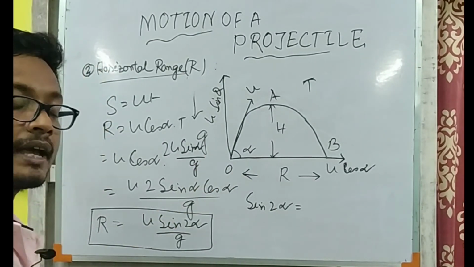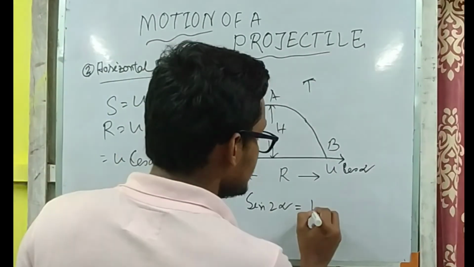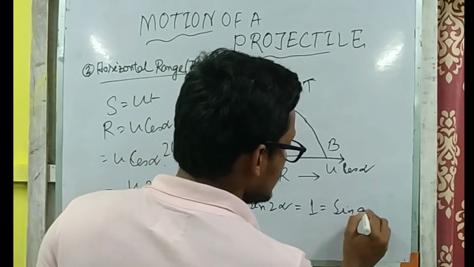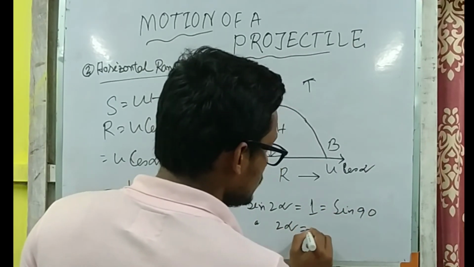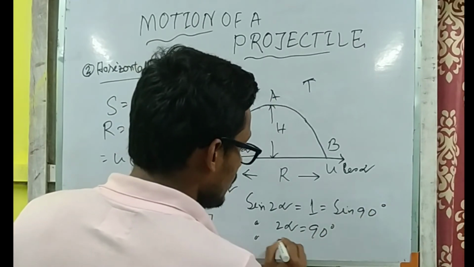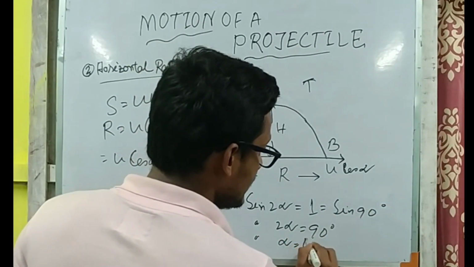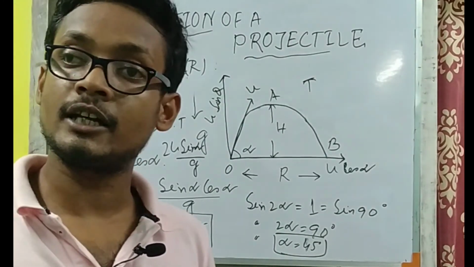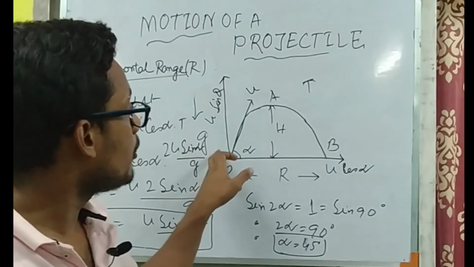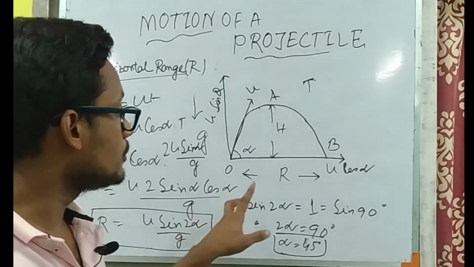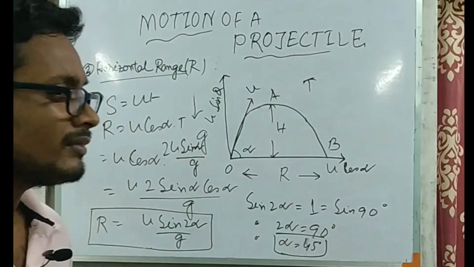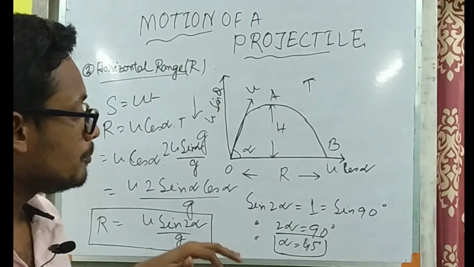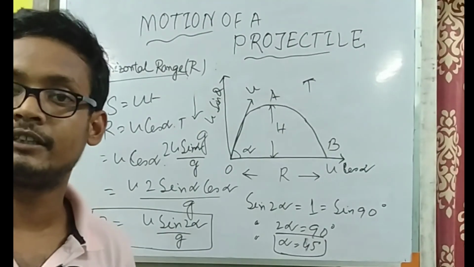The maximum value of sin 2 alpha is equal to 1, that is sin 90 degree, or we can write 2 alpha is equal to 90 degree, or alpha is equal to 45 degree. So 45 degree is the particular angle at which, if we project a particle and it follows projectile motion, it will reach its maximum range.